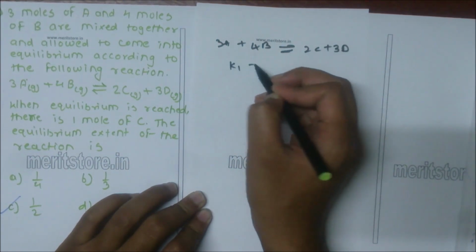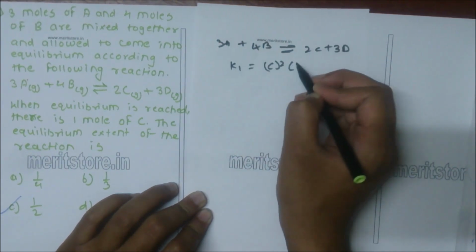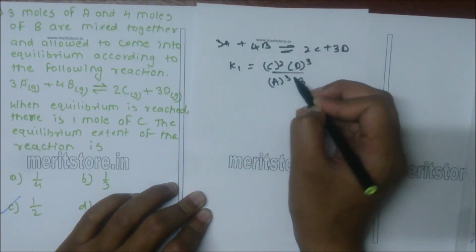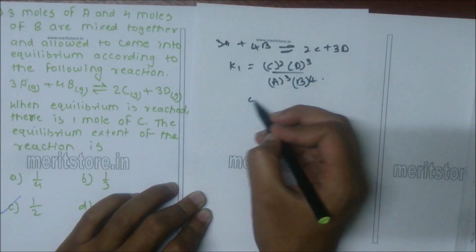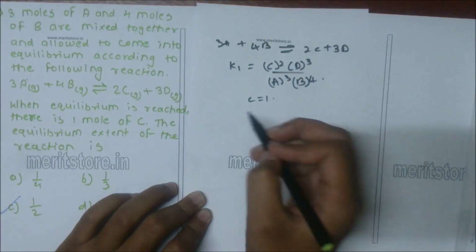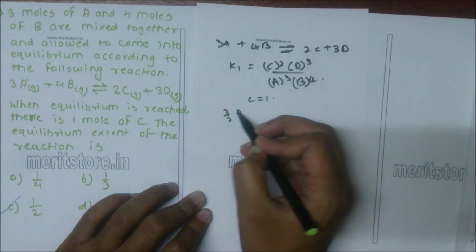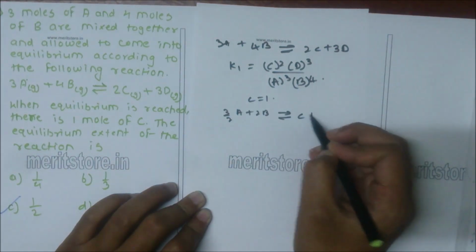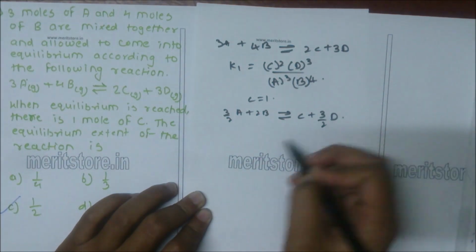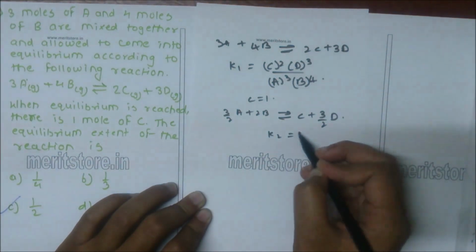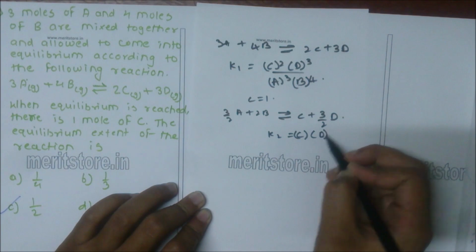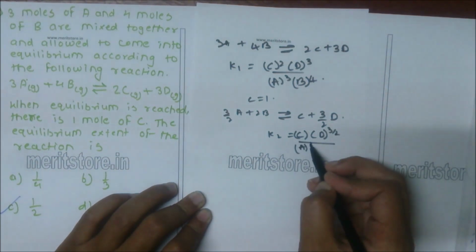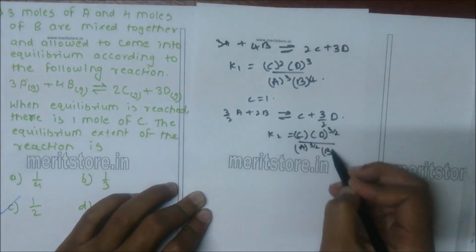So K1 we can write as [C] squared [D] cubed over [A] cubed [B] raised to 4. When C is equal to 1, we can write 3 by 2 A plus 2B gives C plus 3 by 2 D. So K2 is equal to [C][D] raised to 3 by 2 divided by [A] raised to 3 by 2 [B] squared.